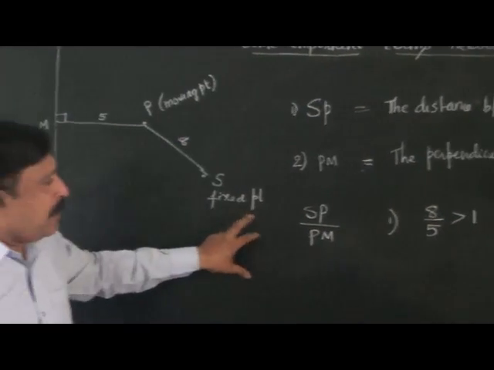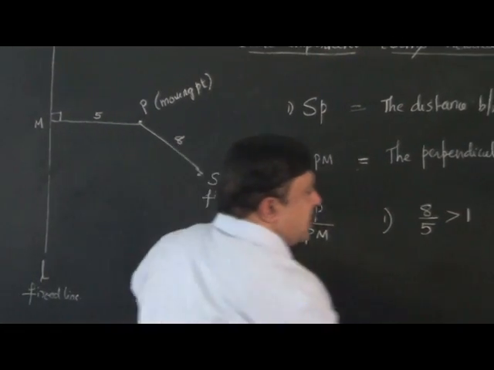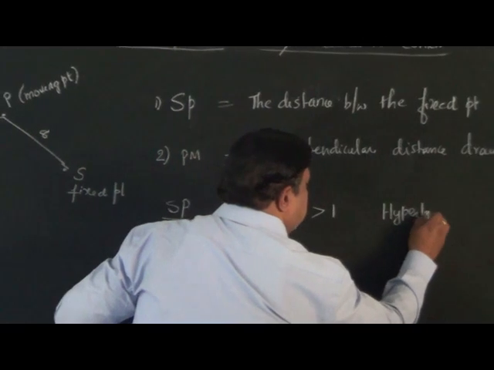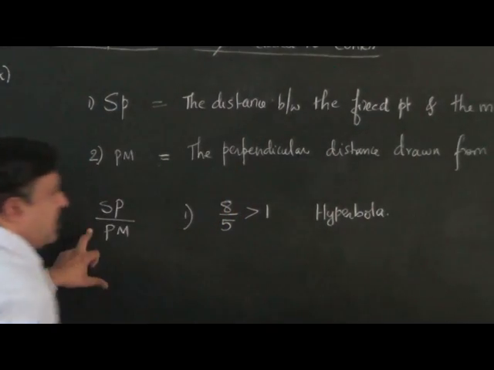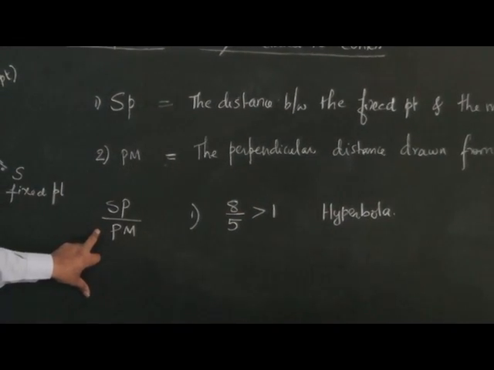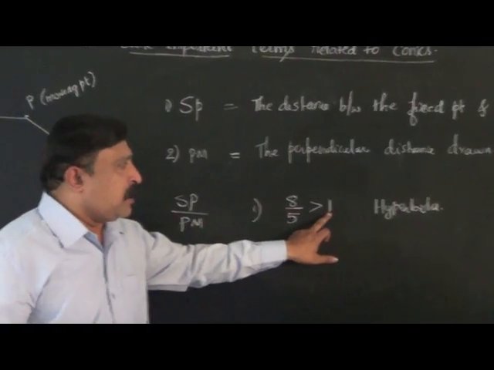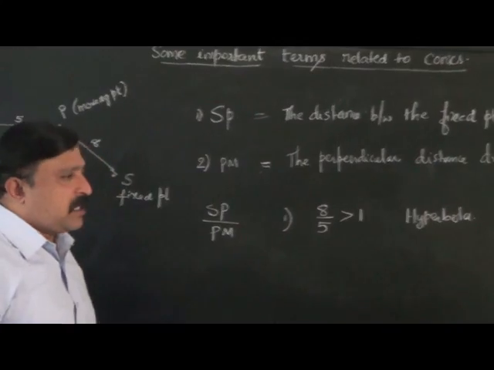If this ratio is greater than 1, then the conic is called a hyperbola. Remember, for a hyperbola, the ratio of SP to PM will always be greater than 1.